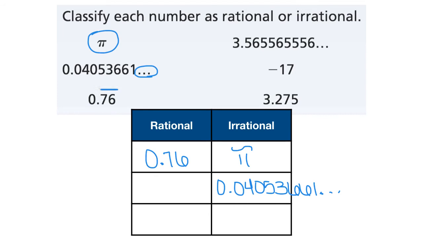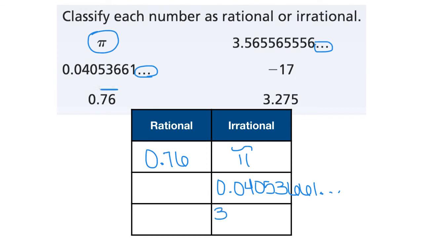In our second column, we have 3.565565556 with an ellipsis. My ellipsis tells me that I'm never ending, so I am a non-terminating decimal. So we need to look to see if we have a repeating block of numbers, and we do not. Every time we bring in the 5s, it adds a 5 value.